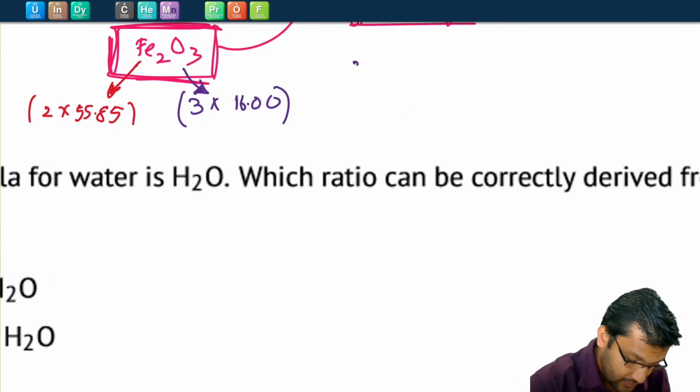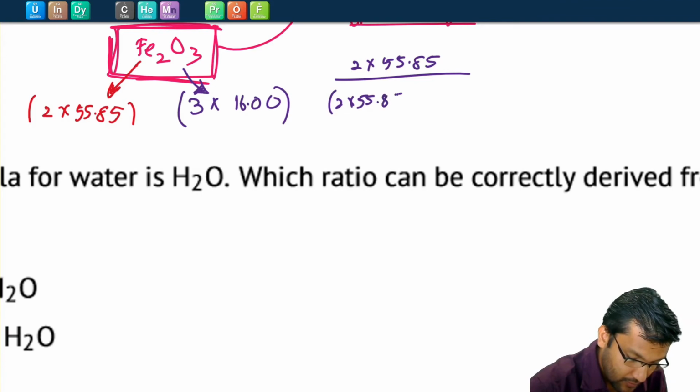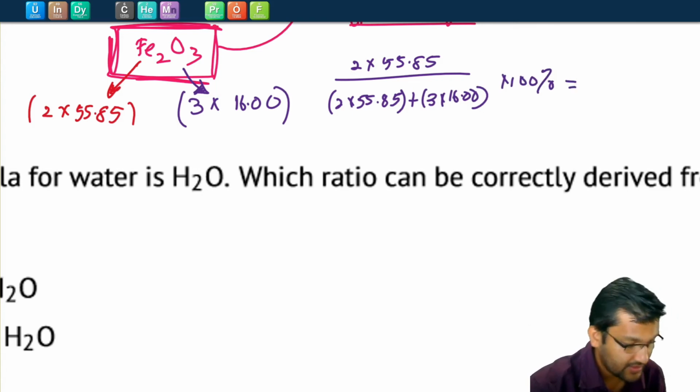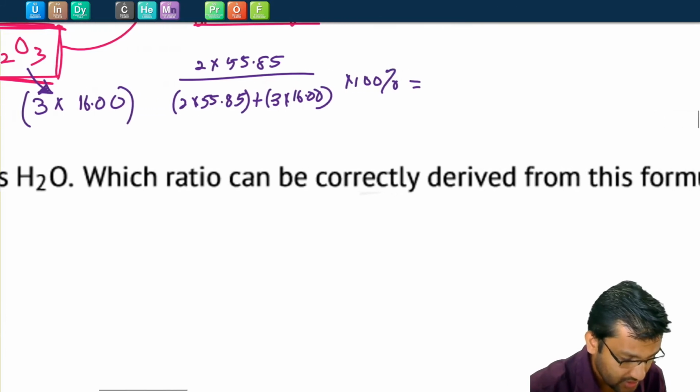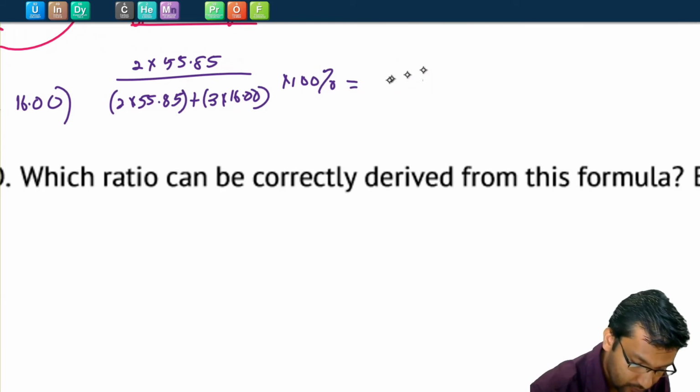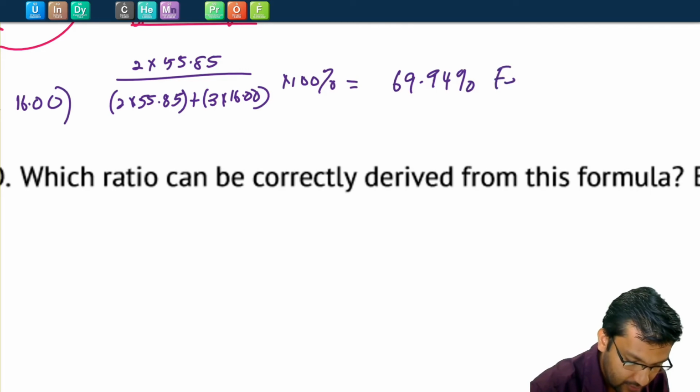So 2 times 55.85 for iron divided by the total, 2 times 55.85 plus 3 times 16.00, times 100%, gives us a percent composition for iron of 69.94%.